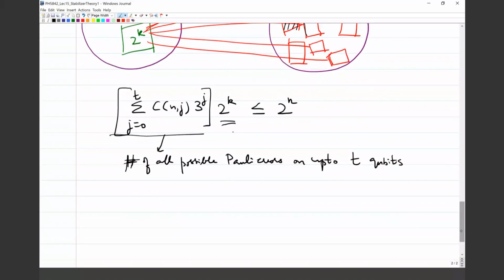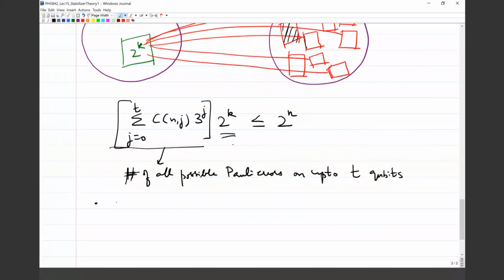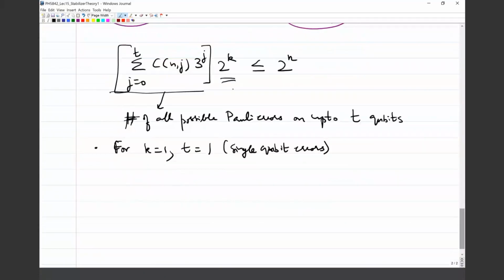So the question was, suppose we are only interested in encoding a single qubit, so k is equal to 1, and we are interested only in correcting single qubit errors, t is equal to 1. So what is d then? D is 3, as we just saw.